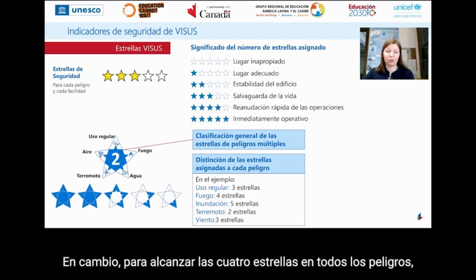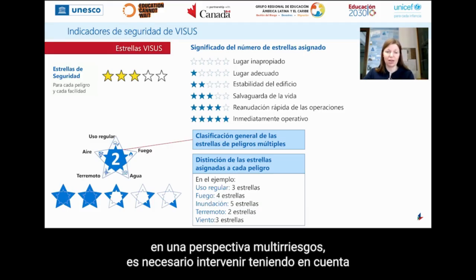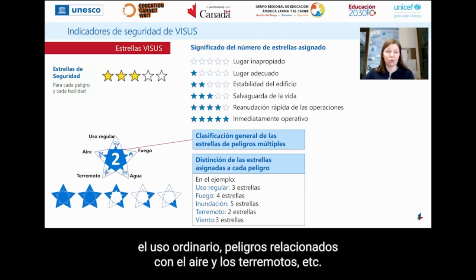Instead, in order to reach 4 stars for all the hazards in a multi-hazard perspective, it is necessary to intervene considering ordinary use, air and earthquake hazard, and so on.